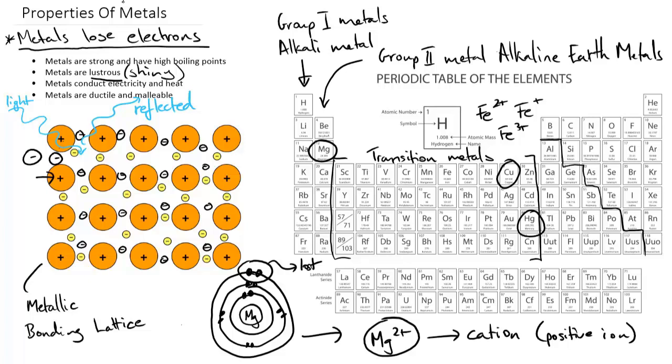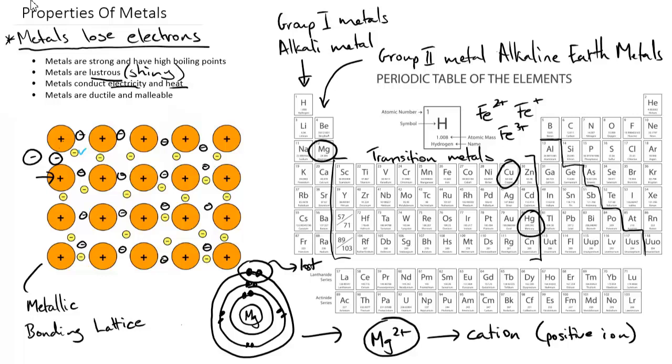So the next point, metals tend to conduct electricity and heat. Again, every single one of your explanations needs to correspond to the metallic bonding lattice, and it's usually due to the delocalized electrons. So when you're explaining in a test why metals conduct electricity and heat, you need to speak about the delocalized electrons.